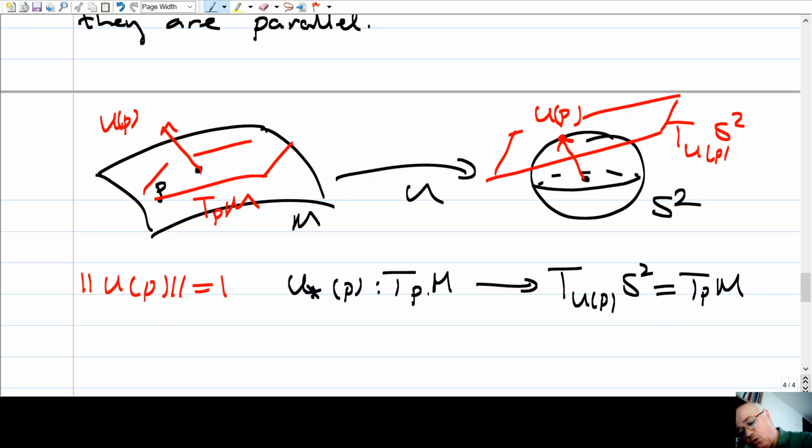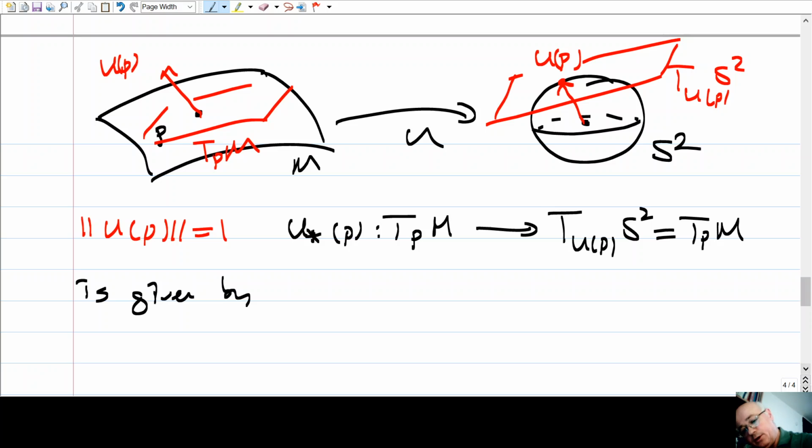So it's a map from this tangent space to itself, and this is given by, remember how the derivative map of a differentiable map is given at any vector.